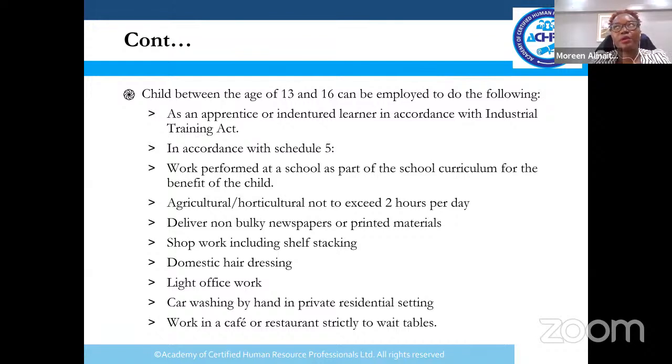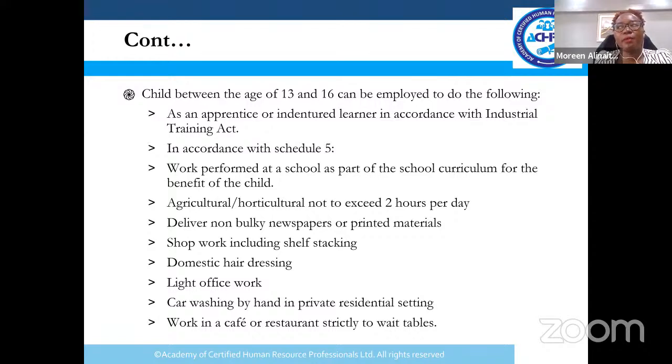Sometimes children go to do a hairdressing course and then they take them to the salons to practice, you know, the industrial training. They can also be employed in accordance with schedule number 5. And schedule number 5 provides that children between 13 and 16 can be employed for work performed at a school as part of the school curriculum for the benefit of the children.